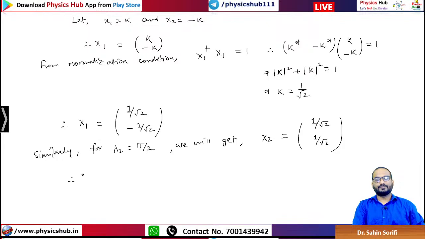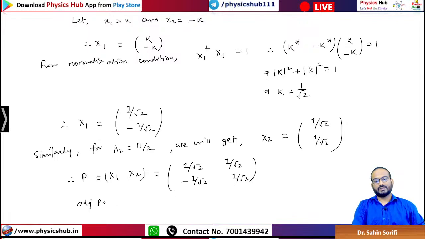So what will be P? P is equal to x1 x2: 1 by root 2, minus 1 by root 2, 1 by root 2, 1 by root 2.